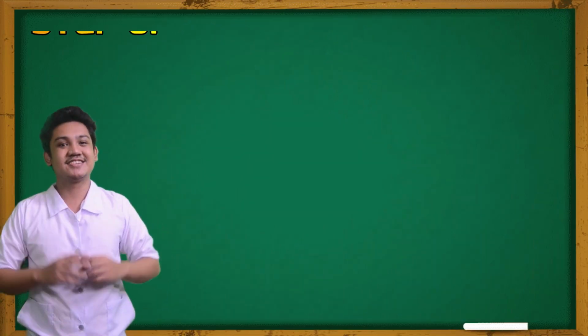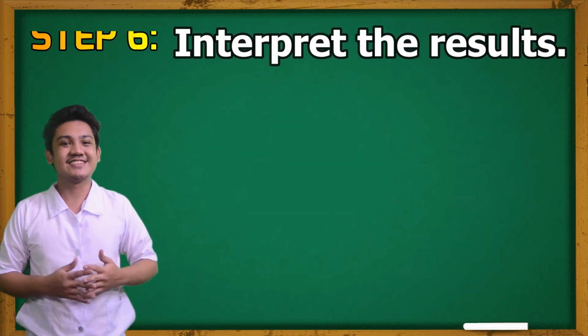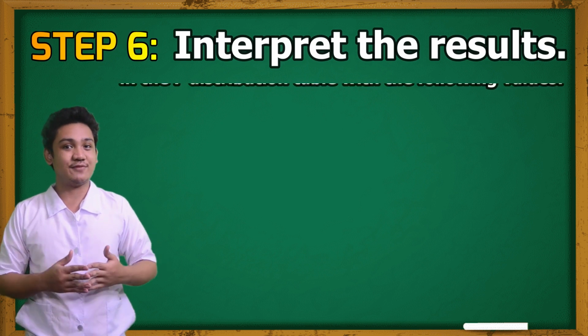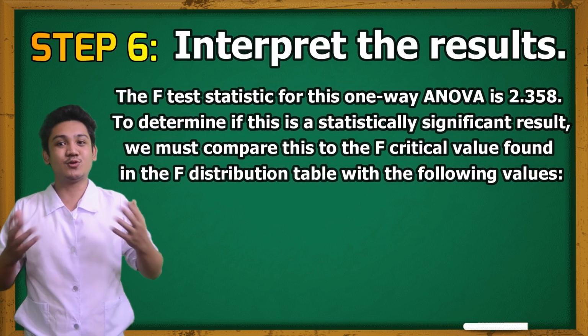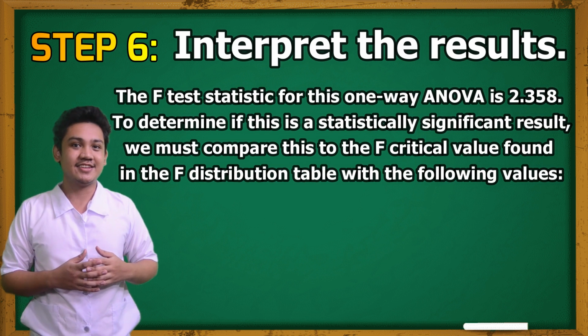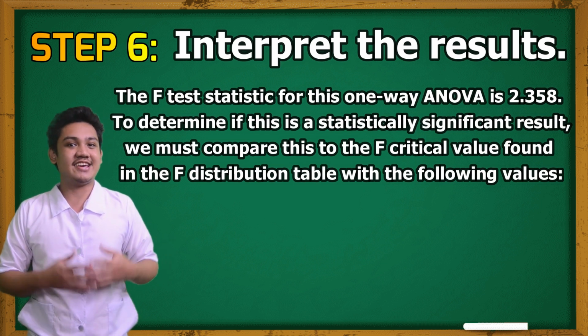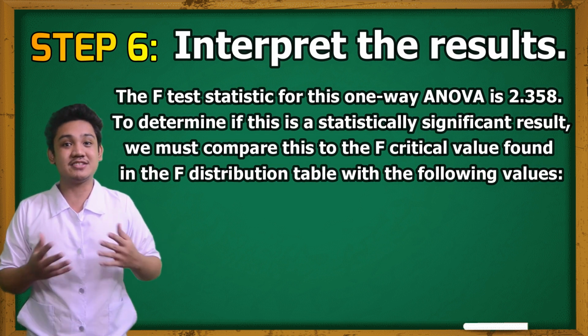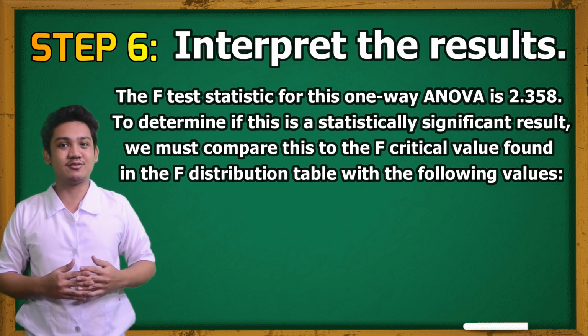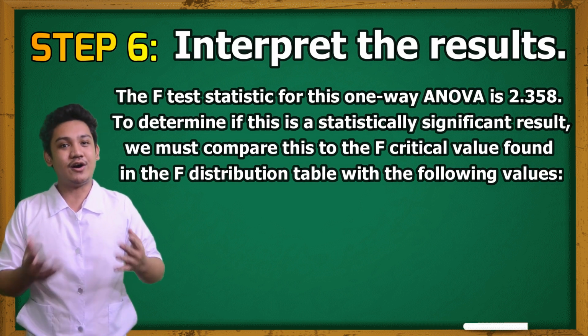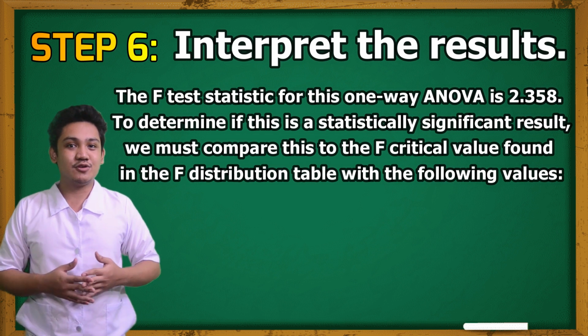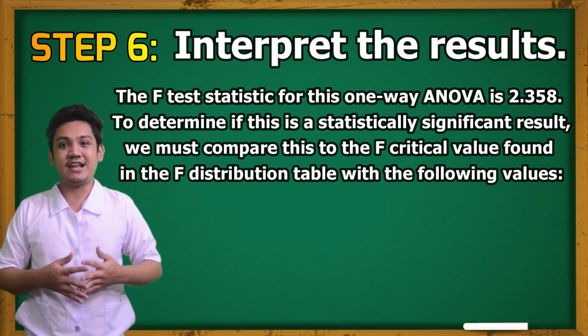Step 6. Interpret the results. The F-test statistic for this one-way ANOVA is 2.358. To determine if this is a statistically significant result, we must compare this to the F critical value found in the F distribution table with the following values.